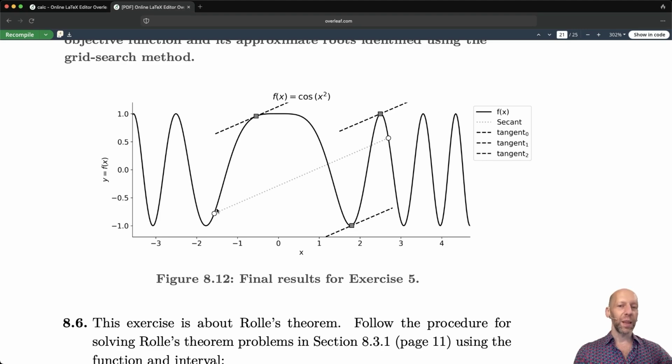So you see the function itself, cos of x squared. You see the secant line drawn between the two interval bounds, and you see the three solutions where the slope of the tangent line at these 3 points is the same as the slope of this secant line.